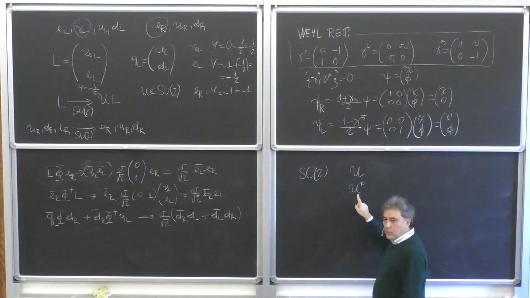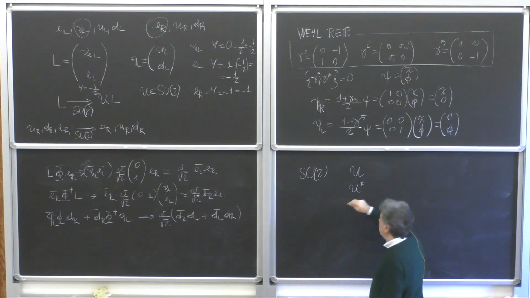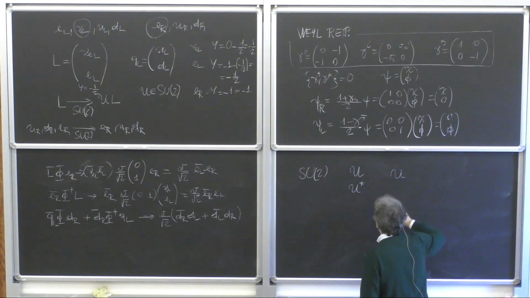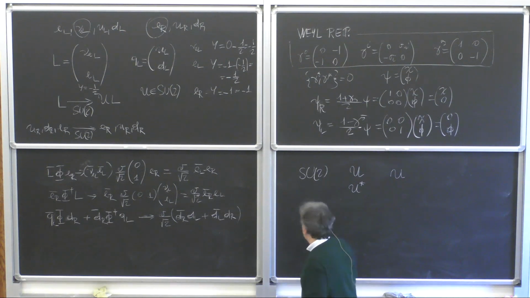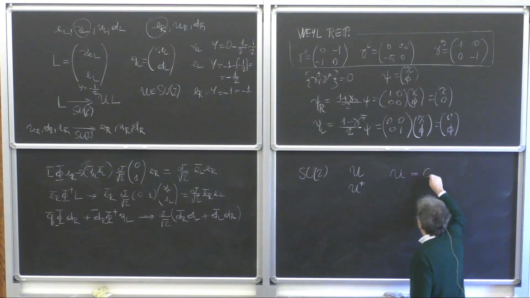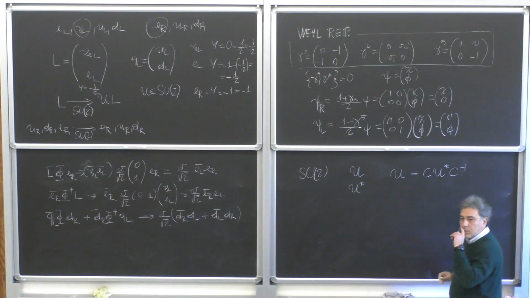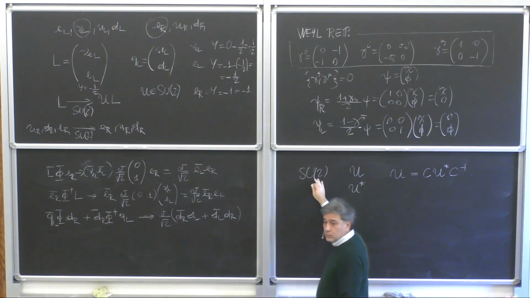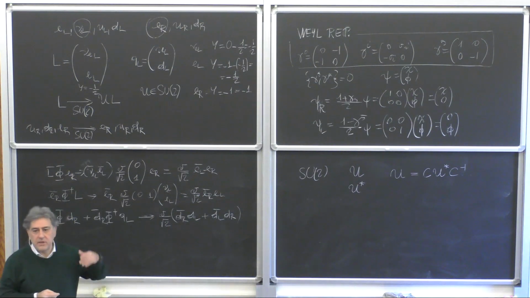This is also a two-dimensional irreducible representation of the group. But for SU2, these two representations are equivalent. So there is a matrix connecting the two representations. This is true for SU2. This is not true for SU(N) with N equal 3, 4, etc.